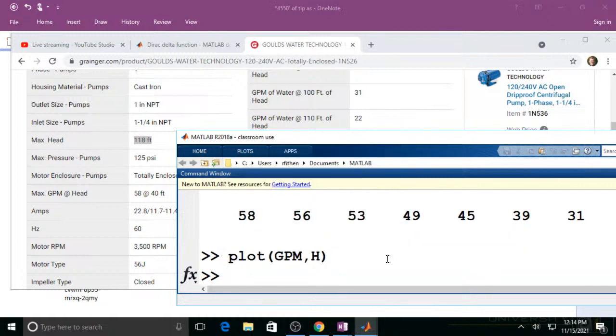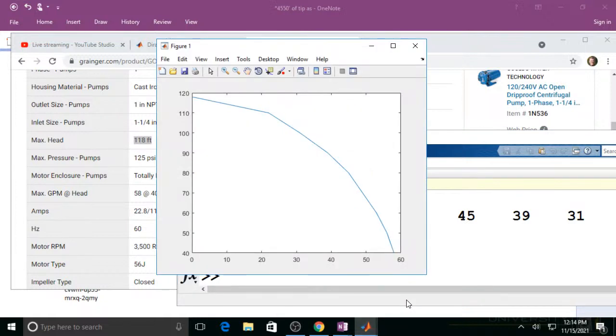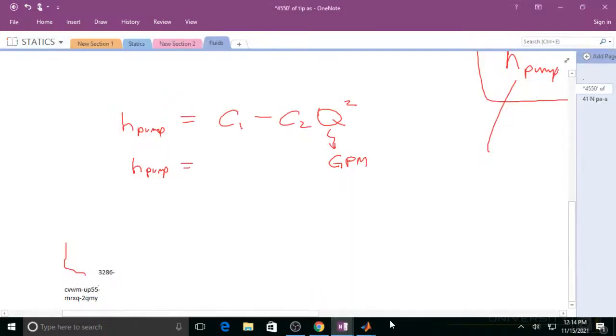Now let's plot that. Okay, now I've got to find the plot. So effectively what happens here is if I shut the valve off, in other words, if I take this pump, put it on the ground somewhere, say you're testing it, and then you put this really nice valve on it, and somehow you measure the flow rates.